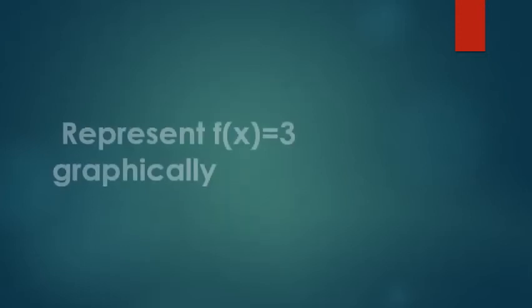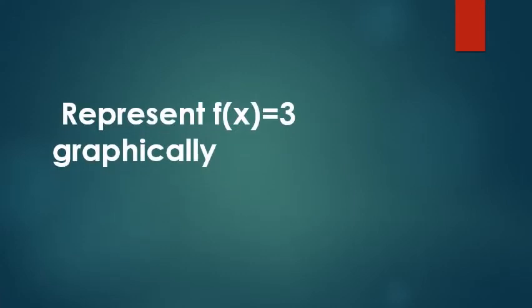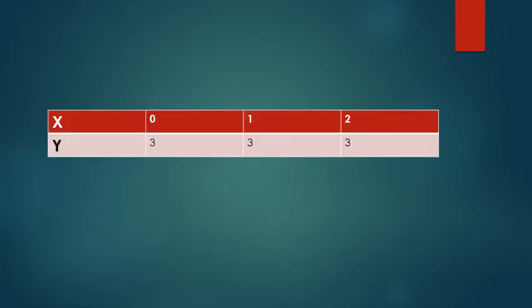And if I want to represent f of x equals 3 graphically, how can I represent a constant function graphically? The first step, we can make a table and put any values for x, like 0, 1, and 2. Then it will be constant 3, 3, 3.